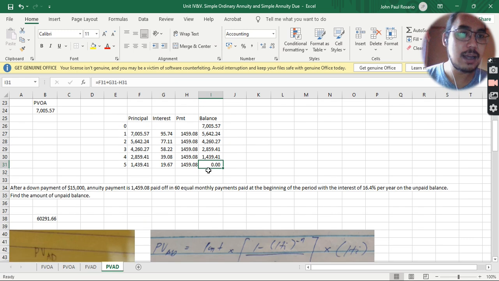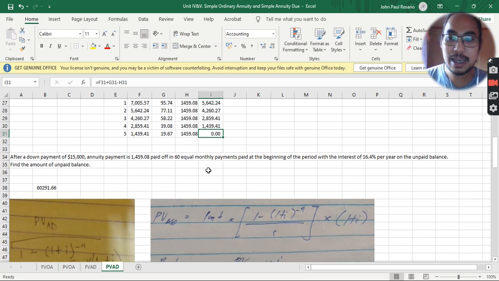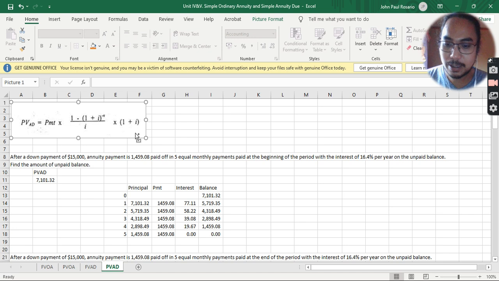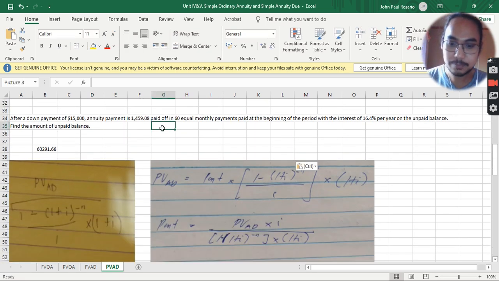Okay? So now let's move to a longer problem na, not just 5 months but for a longer period of time. So after a down payment of 15,000 and a payment of this one, beginning of the period, okay, so let me just copy our formula here. Okay.